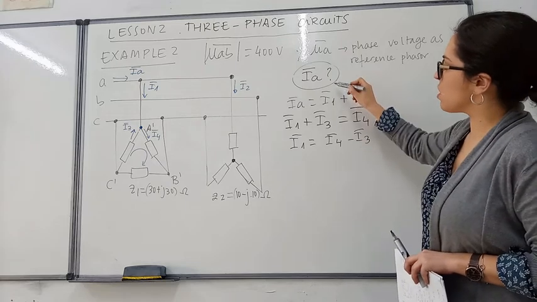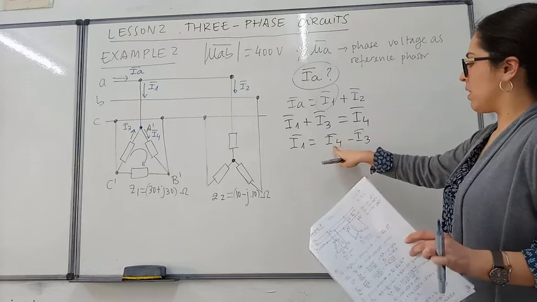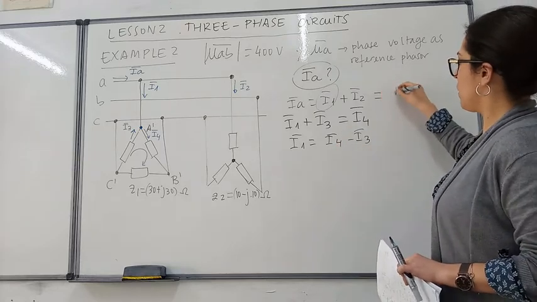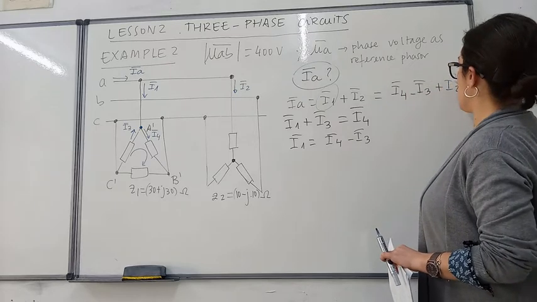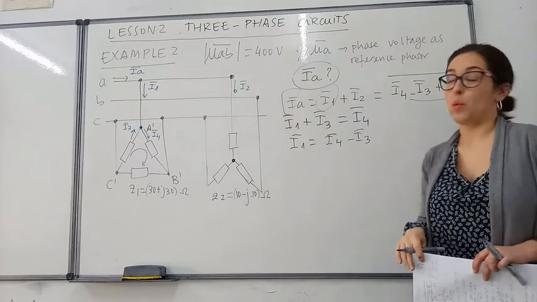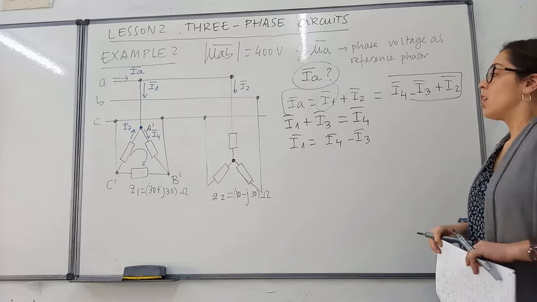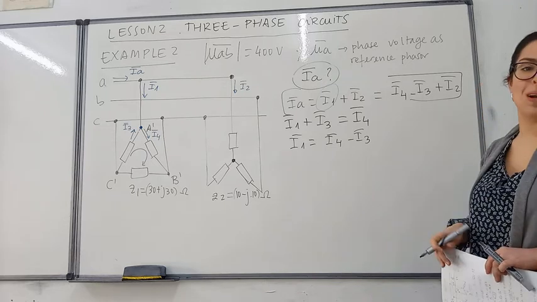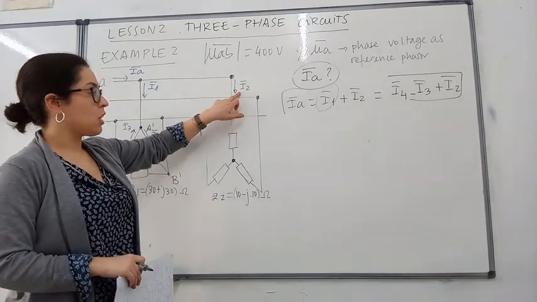This simplifies this expression because I1 can be substituted by this expression here. So we have I4 minus I3 plus I2. This will be the way in which we are going to obtain line current A. So now we need to calculate each of these currents. The easiest current that we can obtain is current 2.